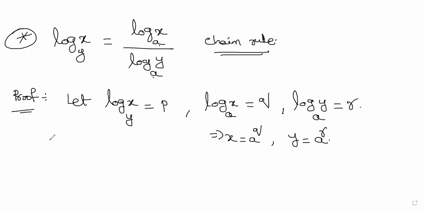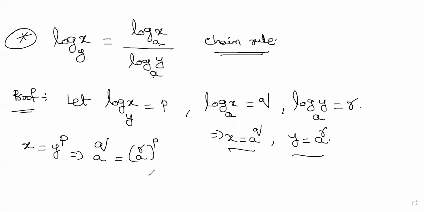Now x is equal to y power p here. X is equal to a power q, y is equal to a power r. So let's keep everything in terms of a. So what do I get? X is a power q, and y is a power r, so a power r whole power p.